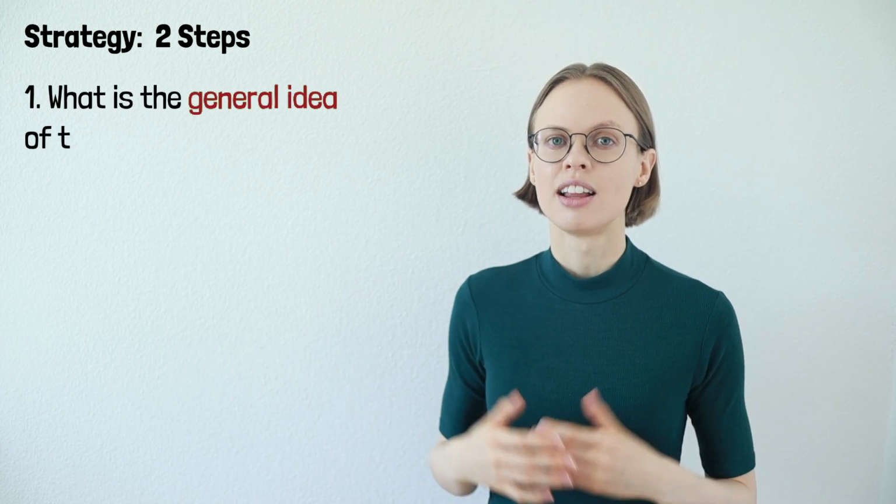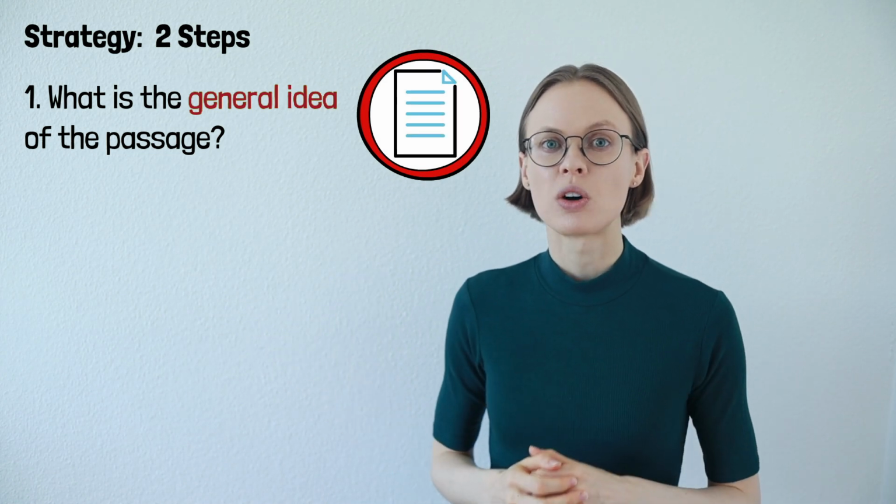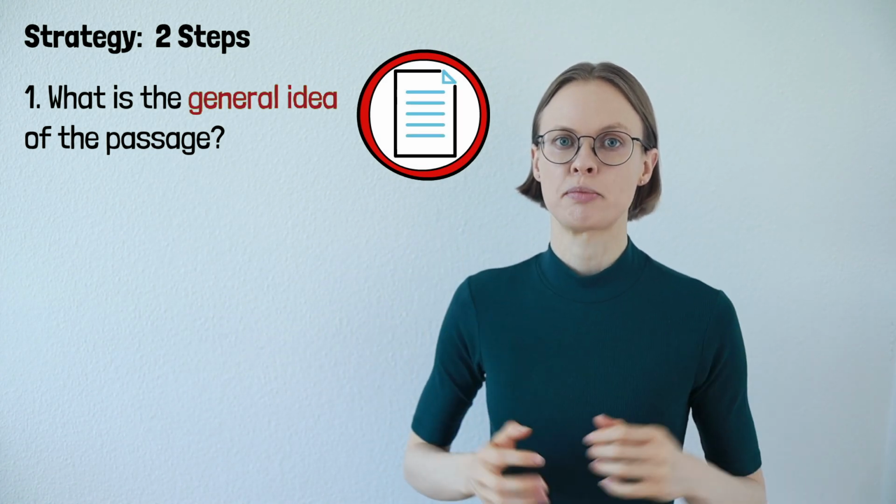Let's have a look at the strategy that you can use to solve inference questions. There are 2 steps that you need to do in order to get to the correct answer. The first step is you have to think about the context. Ask yourself, what is the general idea of the passage? What does the writer want to say with this passage?